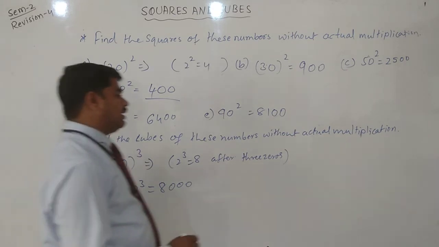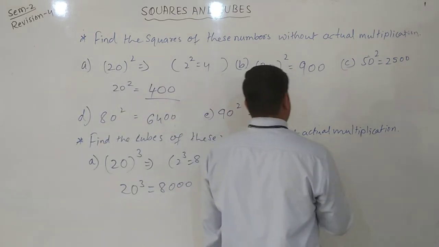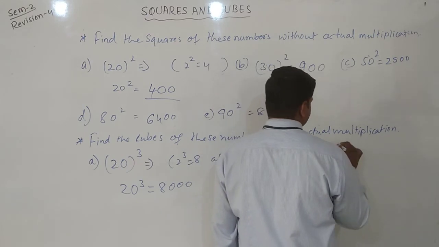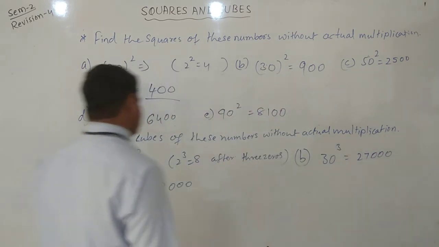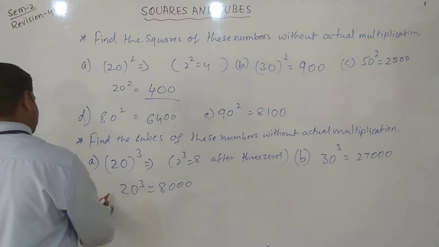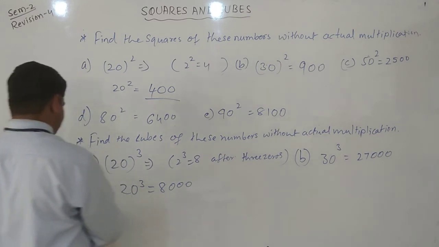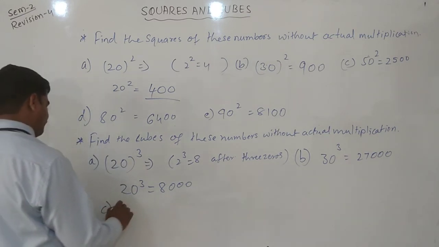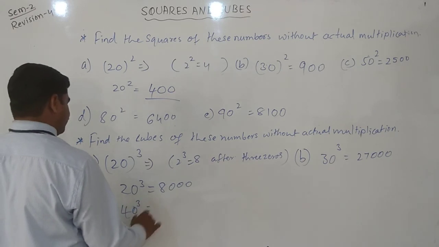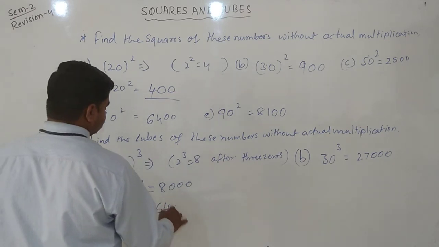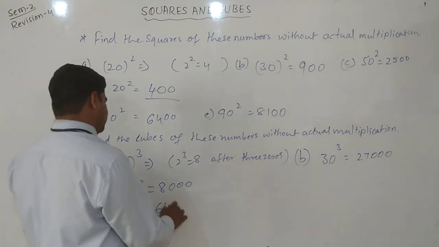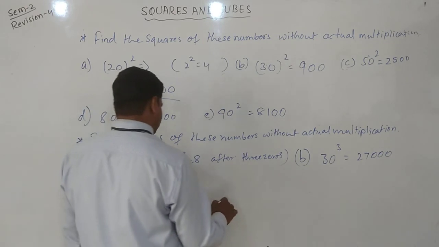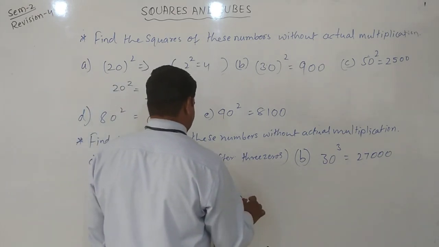Yes, same. 30 cube. 3 cube is what? 27 and 3 zeros. See it one. 40 cube. 4 cube is 64. Then 3 zeros. 80 cube.